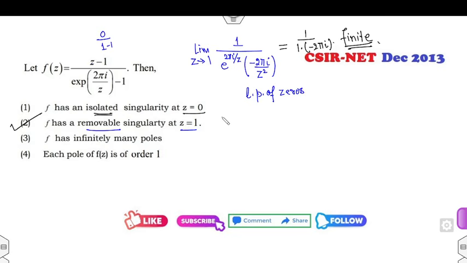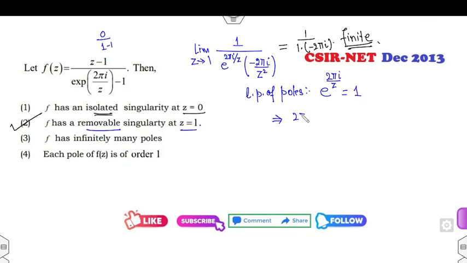So firstly, we will see how we can say about that. Because the zeros have only z minus 1, it has no limit point. So if I simply find the limit point of the poles, that means e raised to power 2 pi iota over z is equal to 1.